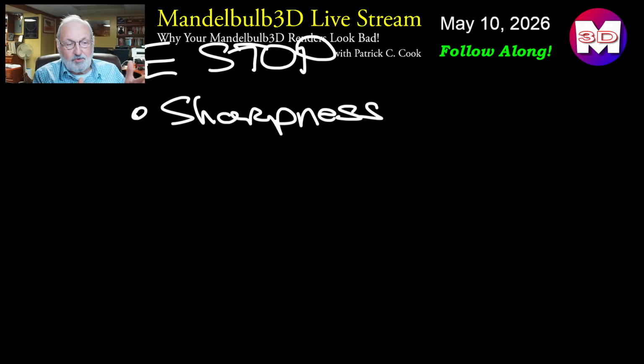I showed you a DE stop of 10, got everything very soft. Well, yeah, but you can do better than that. But a DE stop of 0.1 got you oversampled, it got you garbage. So somewhere in there. Sharpness is one of the key results of a good DE stop setting.